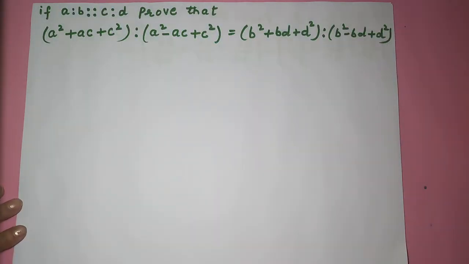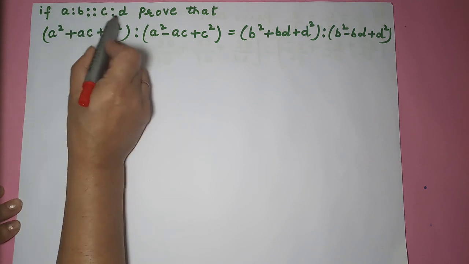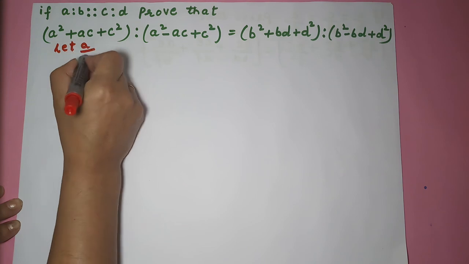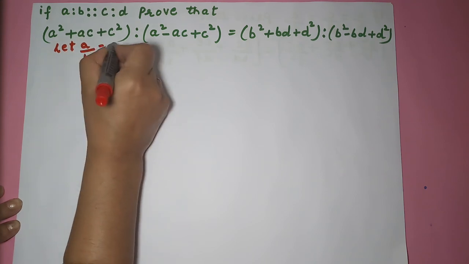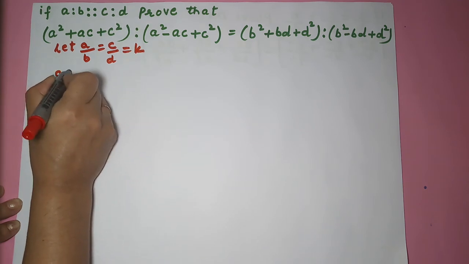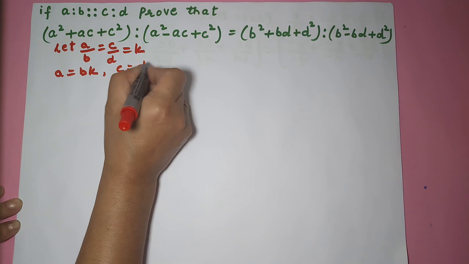One more sum. Again A is to B is proportional to C is to D. So we will write let A by B is equal to C by D is equal to K. That means A is equal to BK and C is equal to DK.